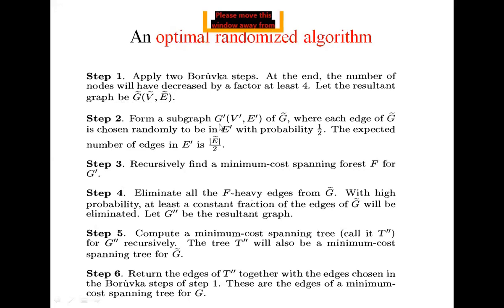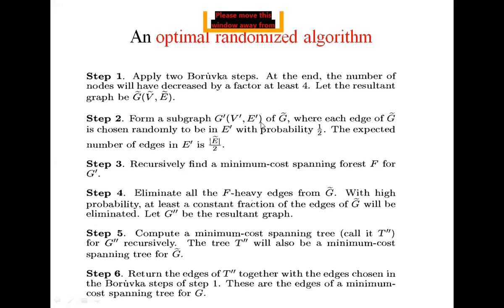Form a subgraph G'. We want to find the subgraph G' = (V', E'), where V' is the vertices in the subgraph and E' is the edges in the subgraph of G, where each edge of G is chosen randomly to be in E'. E' is the set of edges.